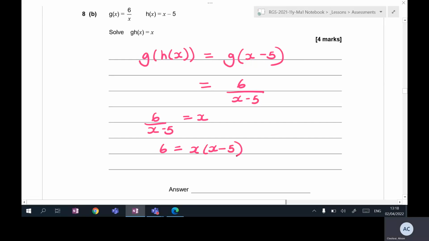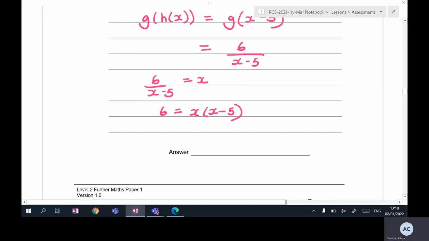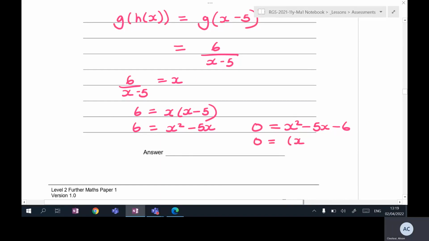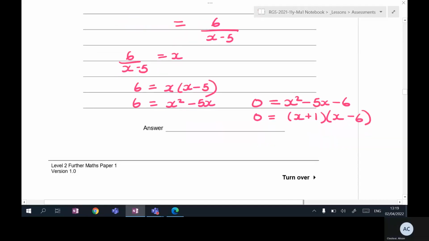So if we bring up the denominator by cross multiplying, multiply out the brackets, and then make sure you've got 0 on one side. We can then factorize that. So remember, you're looking for two numbers that multiply to get minus 6 and add to get minus 5. We're going to want minus 6 and plus 1. So then your answer is minus 1 and 6.